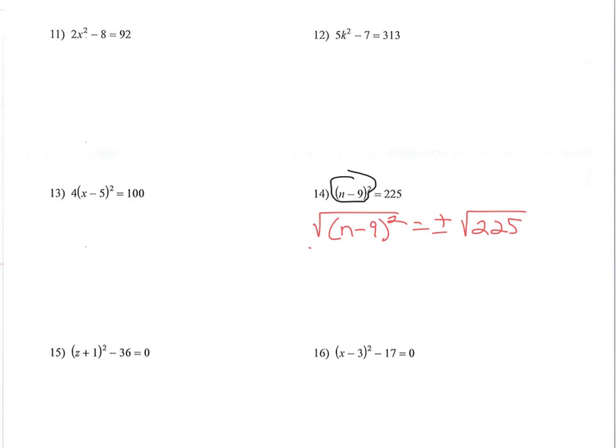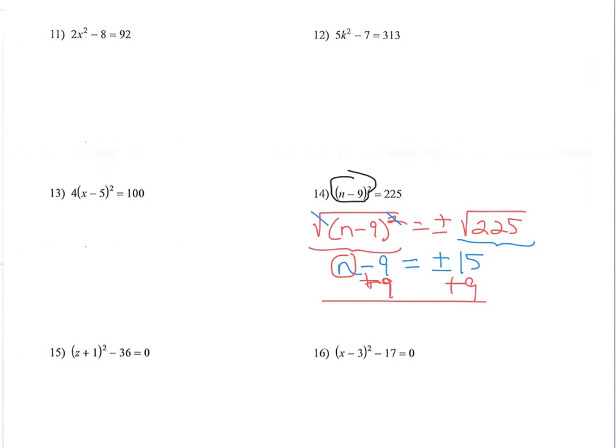Here on the right, the square and the square root undo each other to leave you with just n minus 9. And on the right, we do have a perfect square of 225 as the value of 15. So the only step that's left here now is to get that n term by itself. And to do that, we will add the 9 to both sides.